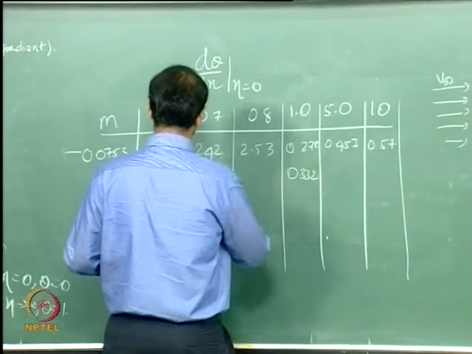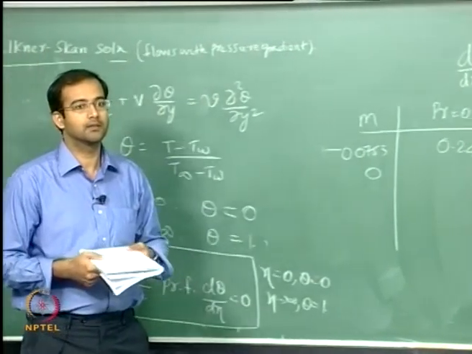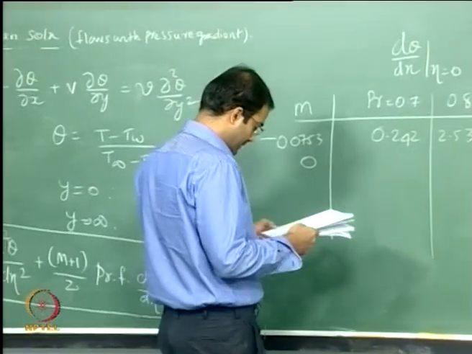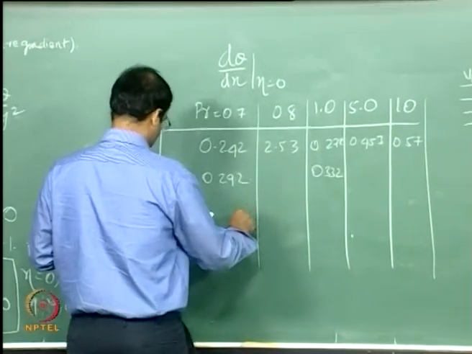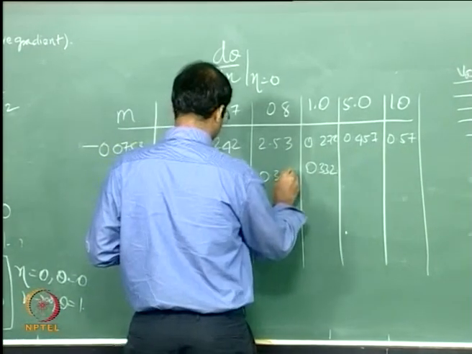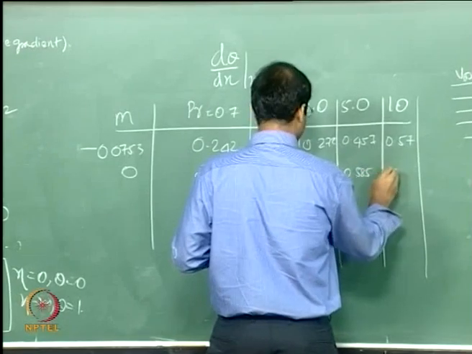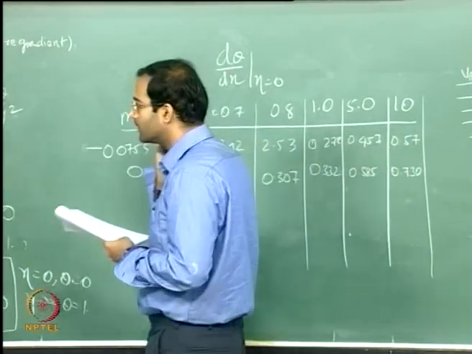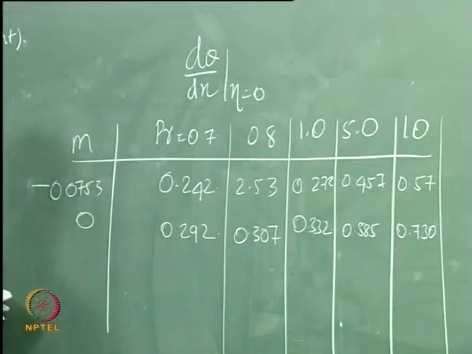So this value should be 0.332 into Prandtl number power 1 by 3. Okay, so what should be the value? It will be something like 0.292, it will be reduced. Then this is 0.307 and 0.585, this is 0.730. And so on.